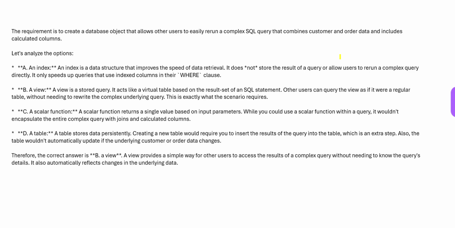See, index, we all know it is to improve performance of your filter condition. Okay, and scalar function, it returns a single value. You can use a scalar function within a query, but it would not encapsulate the complex query which has joins and calculated columns.